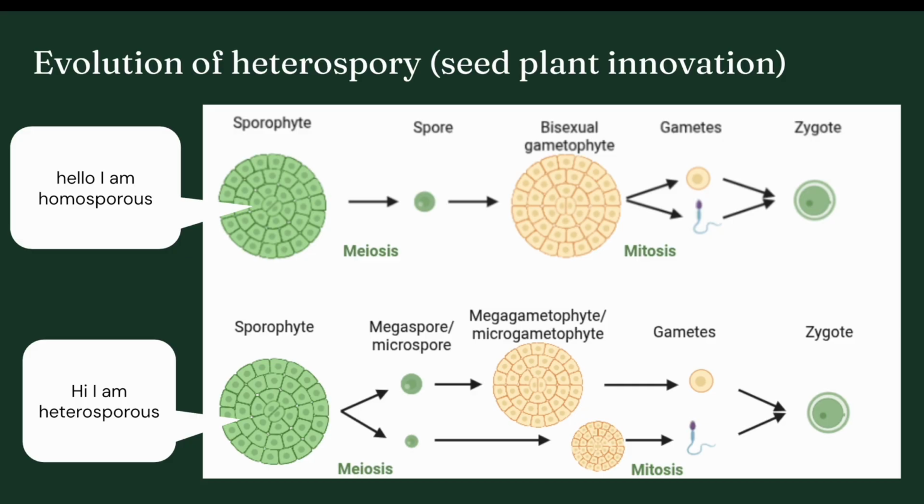While the homosporous plant produces a single type of spore and a gametophyte that produces both gametes, therefore it can self-fertilize, which can be useful for these seedless vascular plants, because there's no guarantee you'll have the two sexes of gametophyte landing next to each other, if that makes sense.